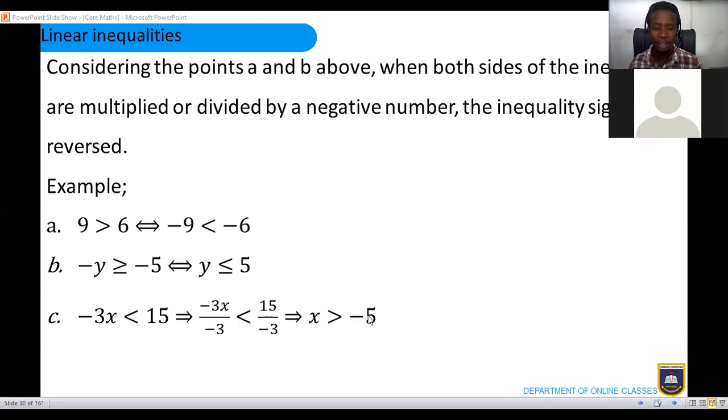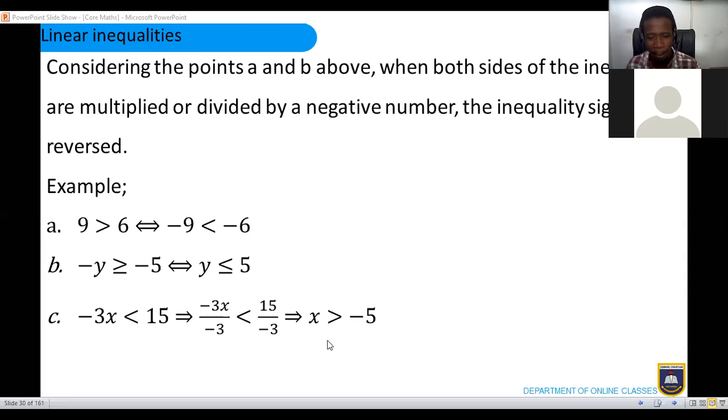No. So you can substitute any number for x greater than negative 5. So all numbers greater than negative 5, from negative 4 to positive infinity, are numbers greater than negative 5. So you can start substituting them into the inequality to see if indeed they are less than 15.